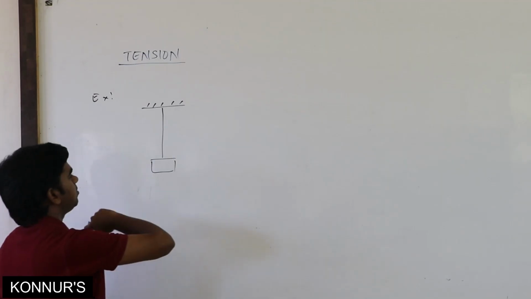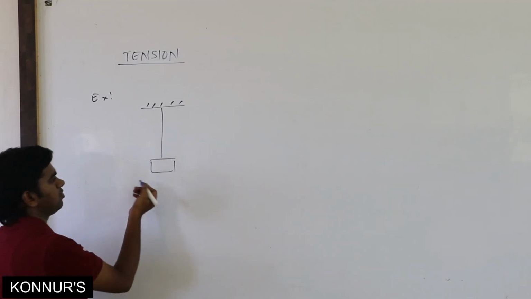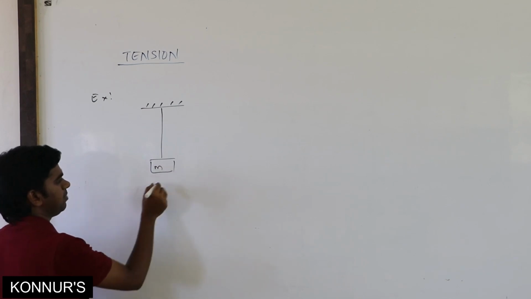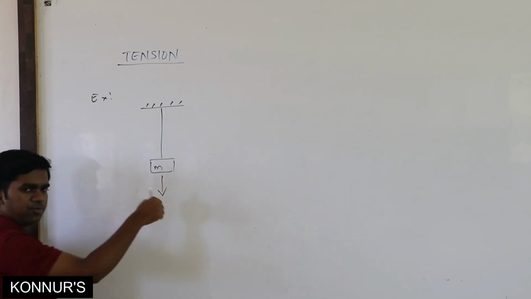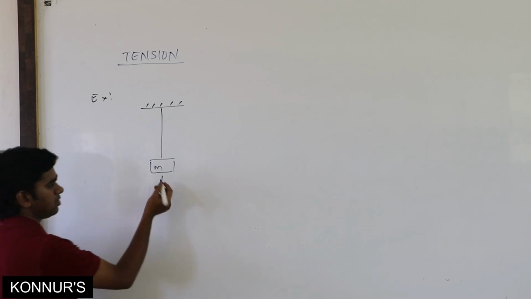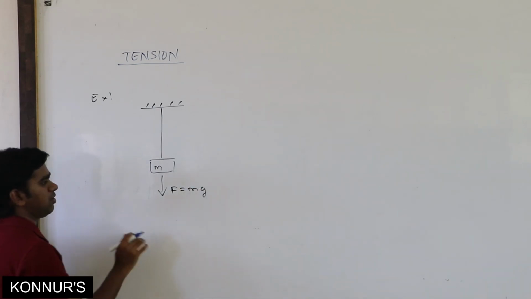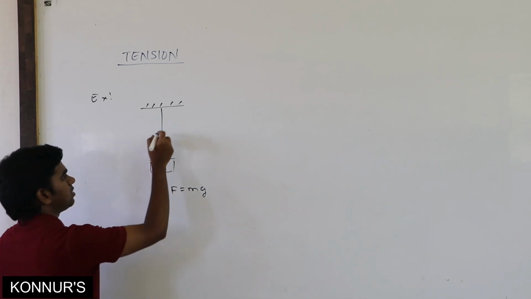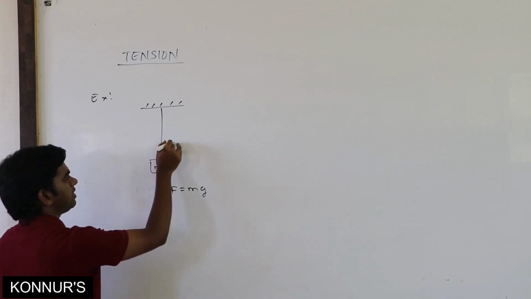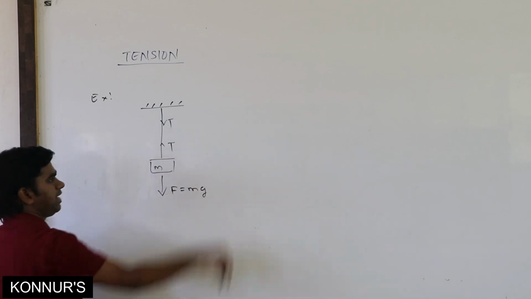Okay. Suppose the body is connected like this. If you want to find tension, if this is the mass, what is the net downward force? Net downward force is nothing but mg. In the upward direction, tension is acting.